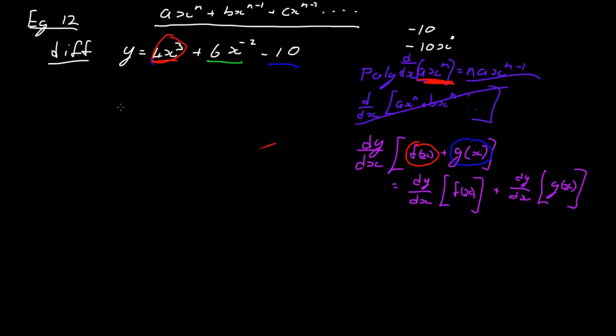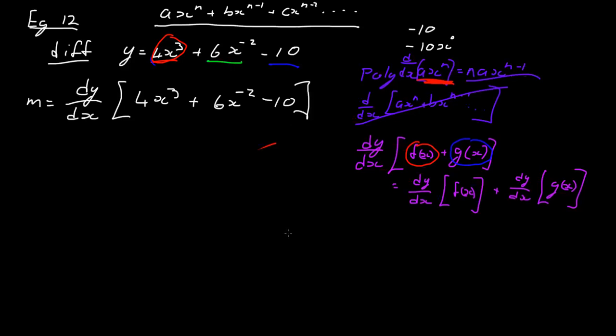We'll get there. Right, let's start. So m, the gradient, equals dy by dx of 4x cubed plus 6x to the minus 2 minus 10, right?